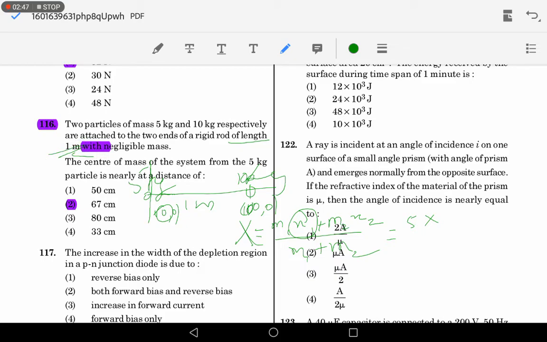The question gives the length in terms of meter, but the answer is given in terms of centimeter, so convert it into centimeter. 1 meter equal to 100 centimeter. So x1 is 0, m2 is 10 and x2 is 100, upon m1 plus m2, 5 plus 10. Simplifying it, you will get 67 centimeter as the answer.